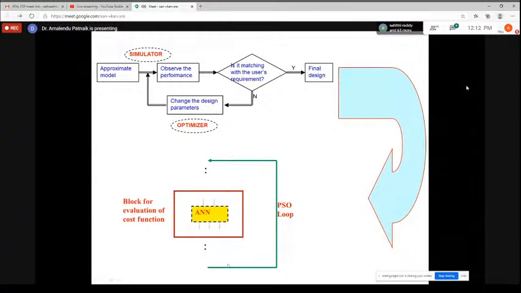So in a systematic way, you are going to vary the parameters of the antenna. And because the computation time of these optimizers is also very small, and the response time of the ANN is very fast, you can develop a very fast design approach for antenna designing.